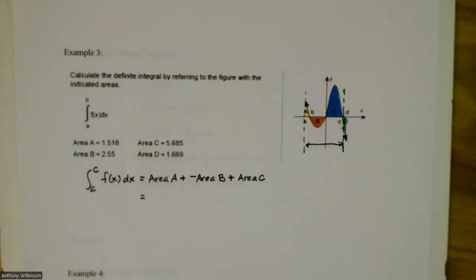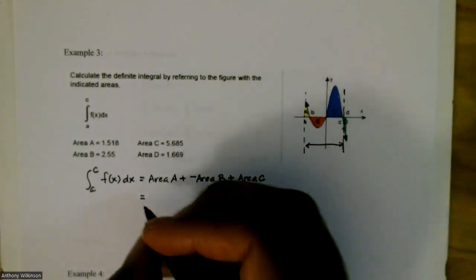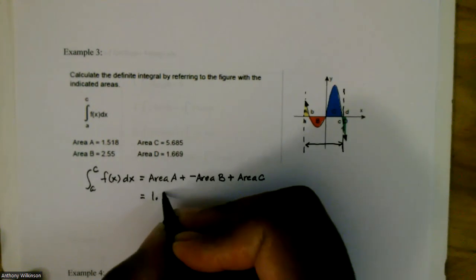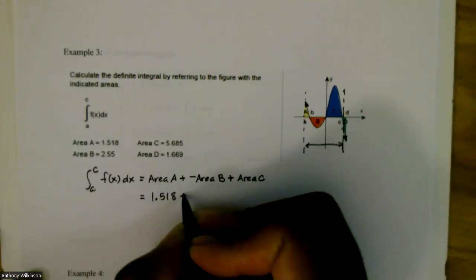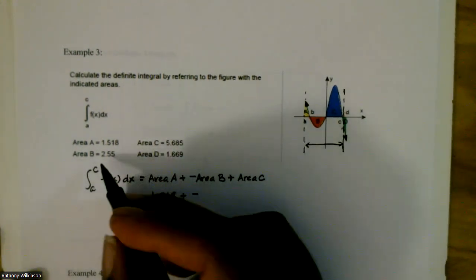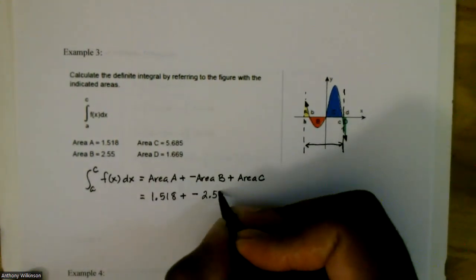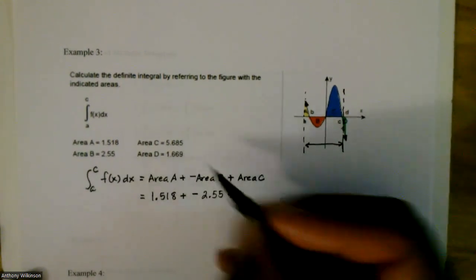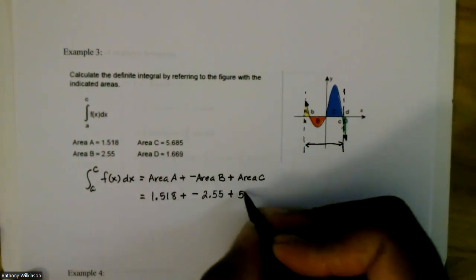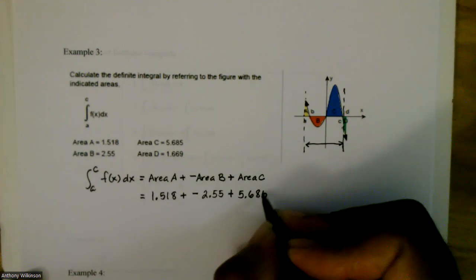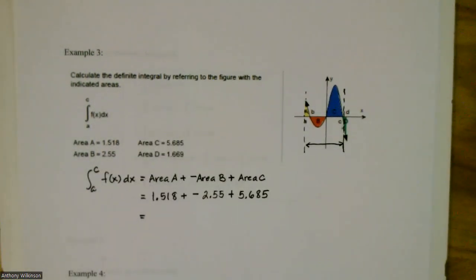So this means here area A, since it's above the x-axis, is going to be 1.518, that's given to us, plus the negative of area B, that's 2.55, plus area C, that's 5.685. Now we're going to add those 3 decimal values together.